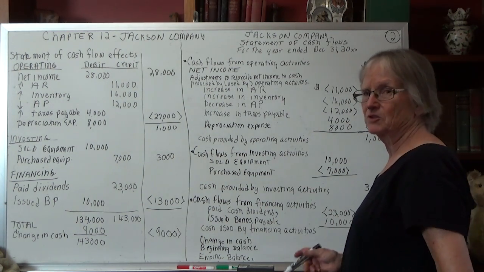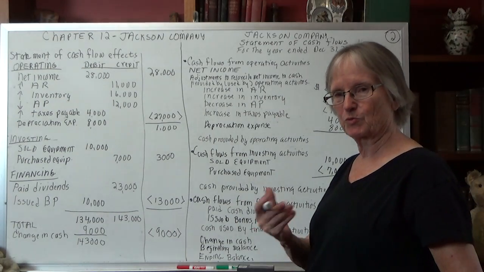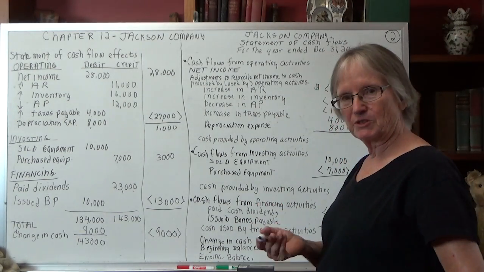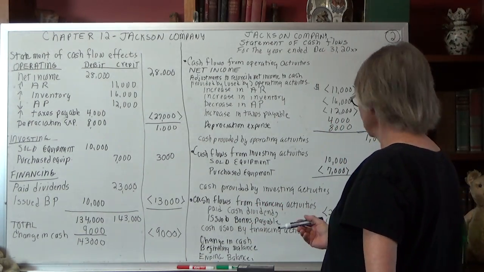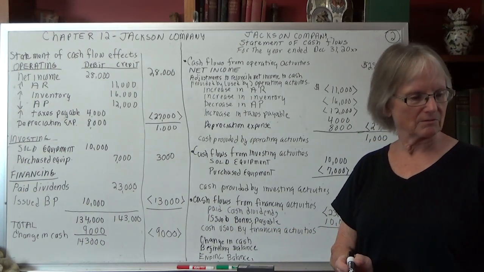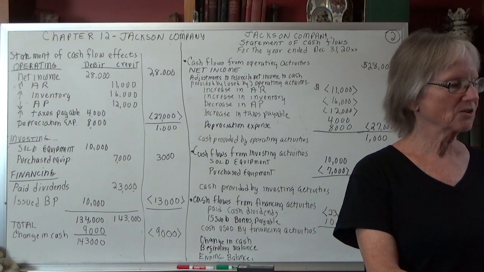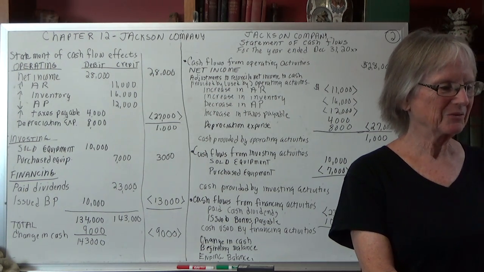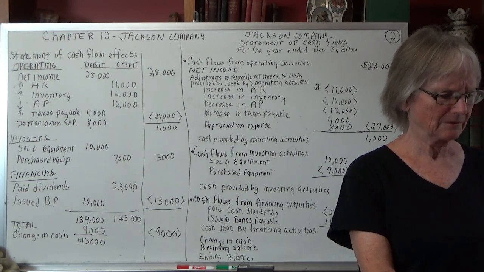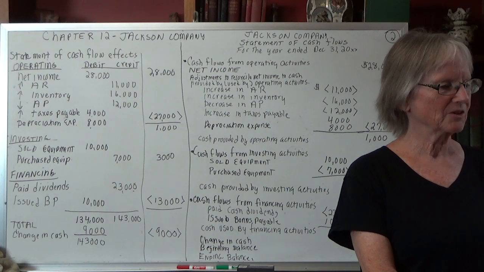Then we go back to the top of the worksheet, or the spreadsheet, and you go to the beginning balance to see what the beginning balance of cash was. And in this problem, oh no, I just lost it, okay. Actually, I have to go up and look at it.